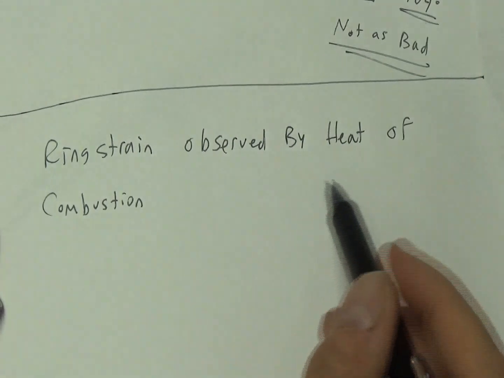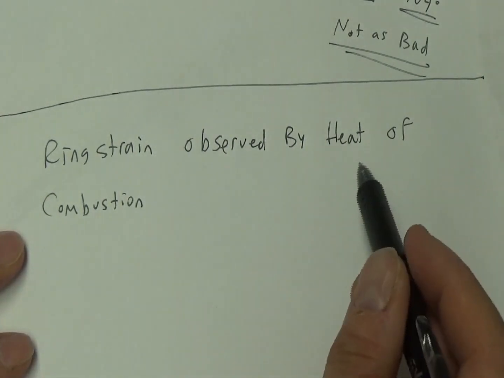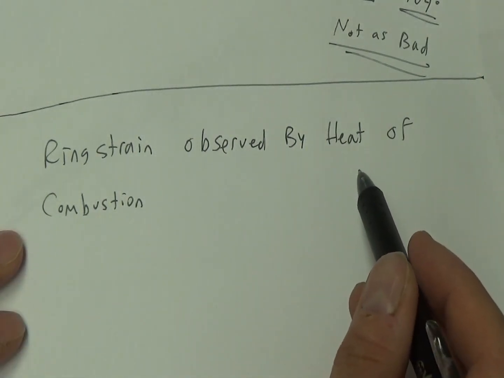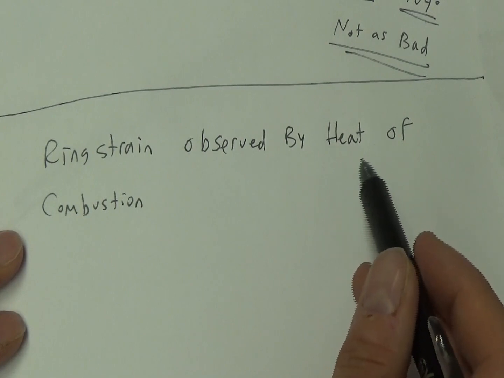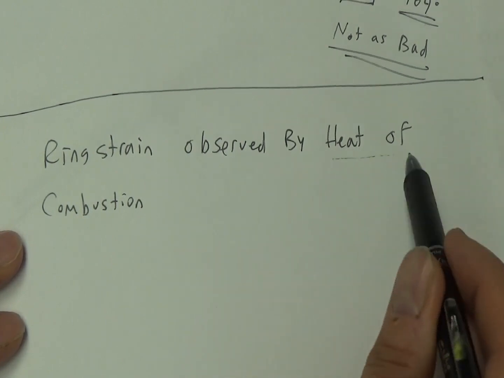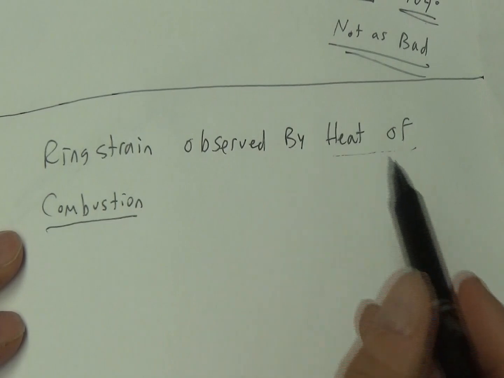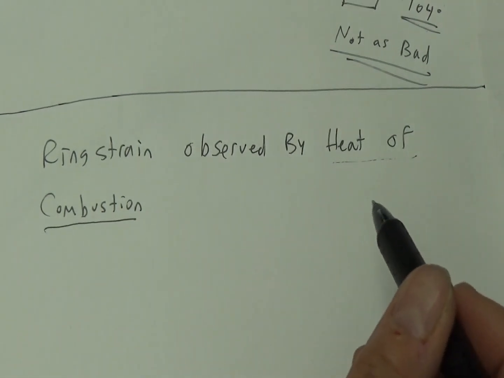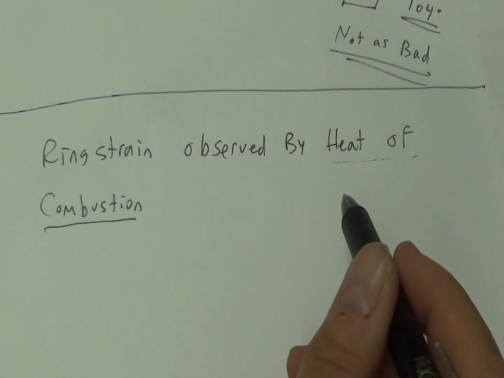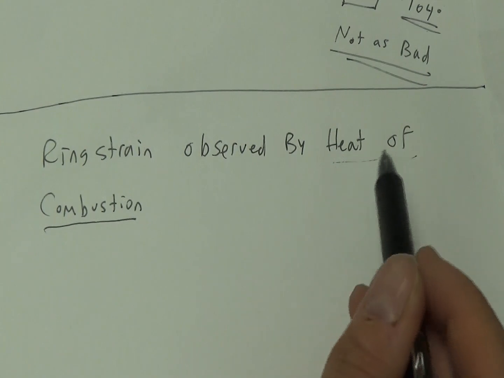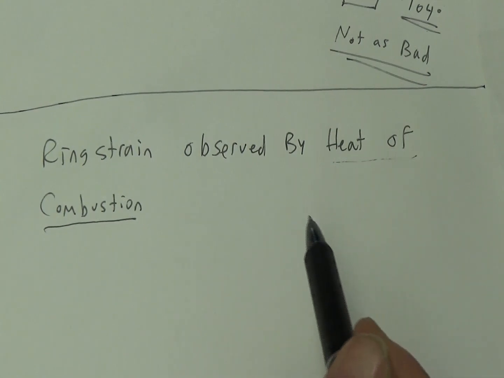What do you think heat of combustion means? As you might surmise, it just means you burn something and get some heat out. Organic molecules, when you burn them, release heat. So we're measuring the heat of combustion.